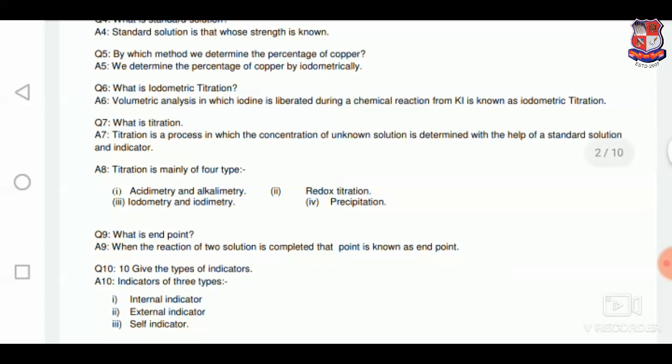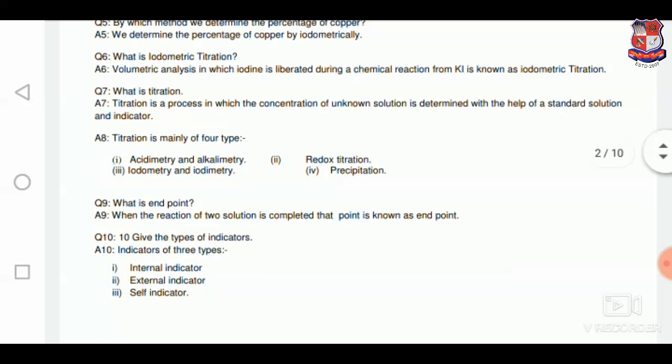What is iodometric titration? Volumetric analysis in which iodine is liberated during a chemical reaction from KI is known as iodometric titration. So what is titration? Titration is a common process in which the concentration of an unknown solution is determined with the help of a standard solution and indicator.